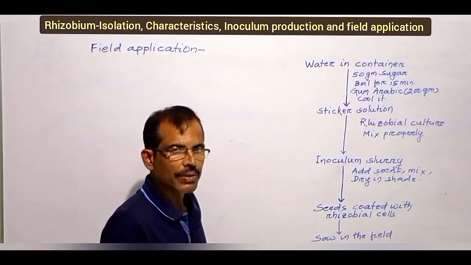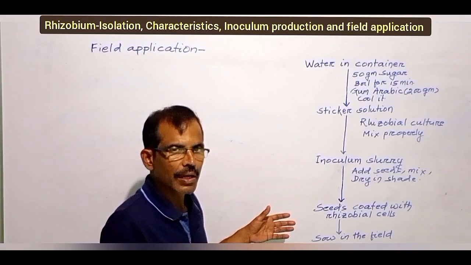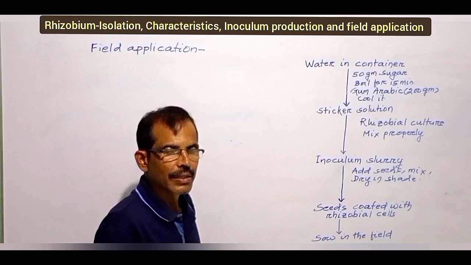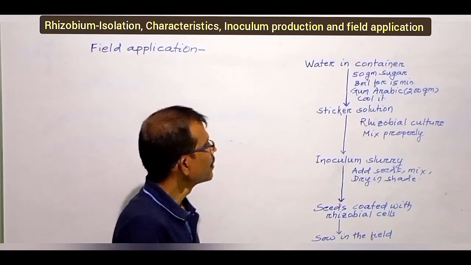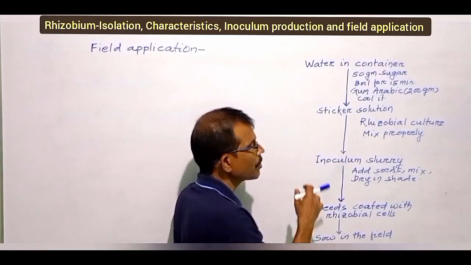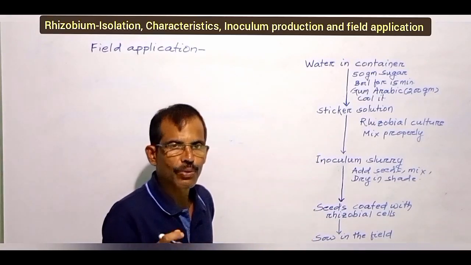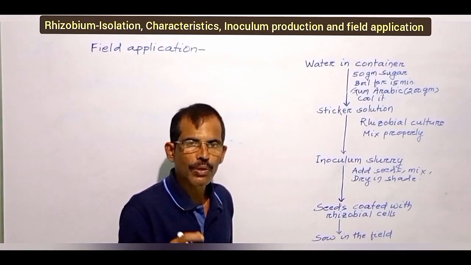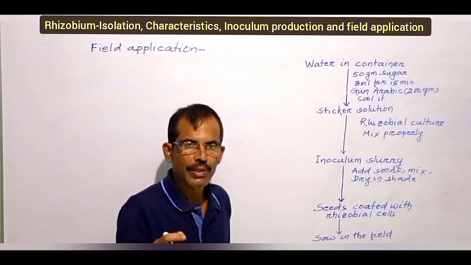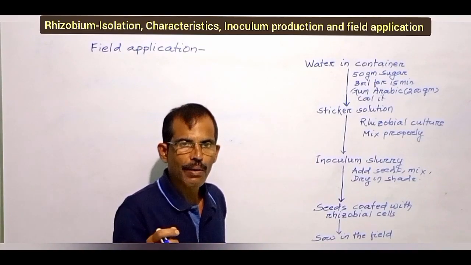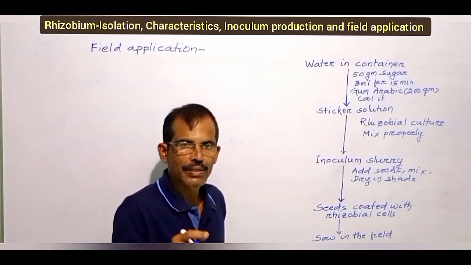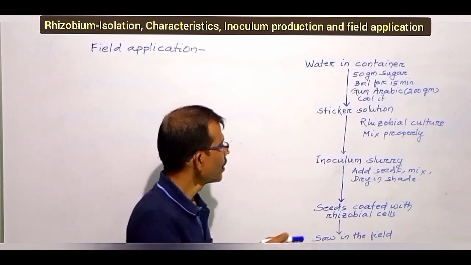In order to apply Rhizobium as a biofertilizer on the field, we have to follow this procedure. First of all, take water in a container to which add about 50 gram of sugar or jaggery. This is followed by boiling for 15 minutes, after which about 200 gram of gum arabic is added and then cooled. Gum arabic is added to make the solution sticky.